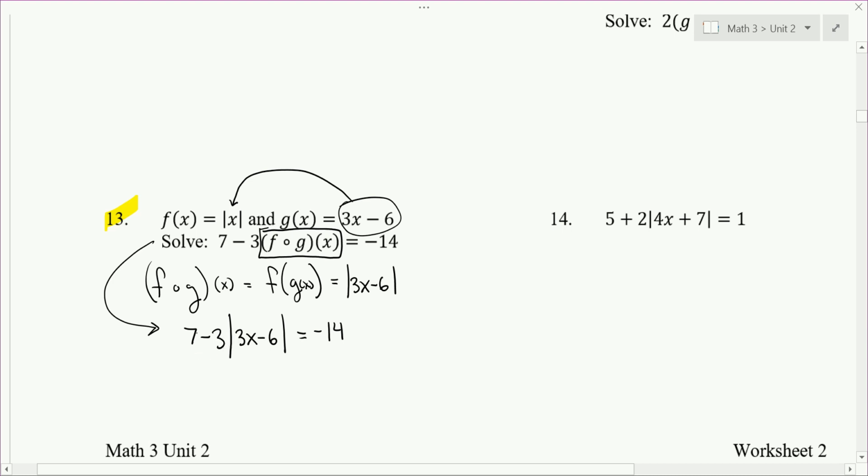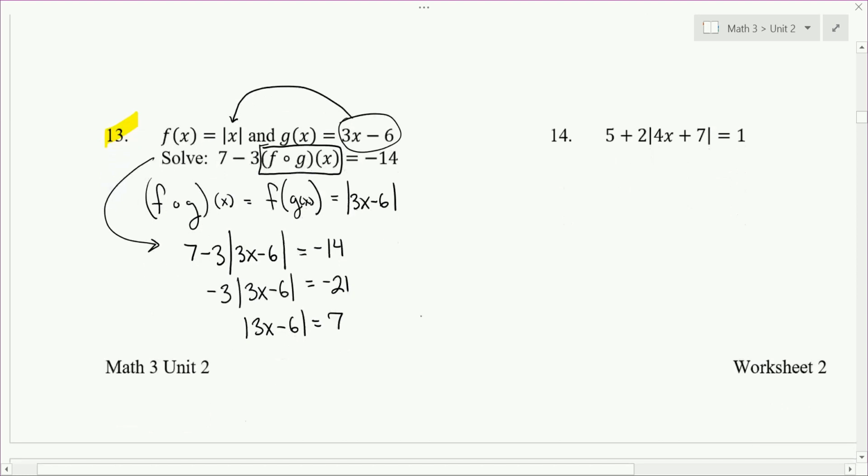So instead, what we're going to do is subtract 7 from both sides of the equation. That we're allowed to do. We end up with negative 3 times the absolute value of 3x minus 6 is equal to negative 21. Second, divide both sides by negative 3, and we get the absolute value of 3x minus 6 is equal to positive 7.